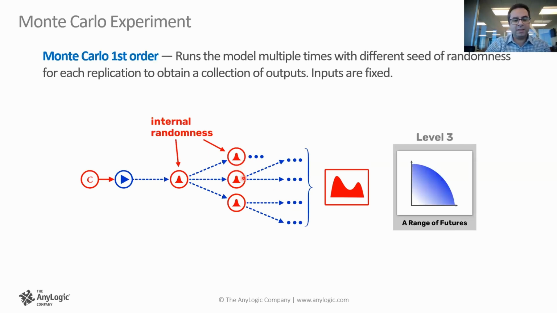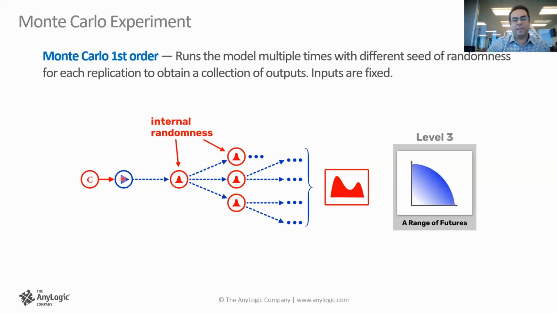And we wanted to see how that internal randomness is going to affect the outcomes. So we make sure the inputs are fixed, so constant, so we are not changing the inputs, and run this model multiple times. So you see this doesn't mean that we run it once. This is one run, and then we keep repeating: run again, run again, run again.